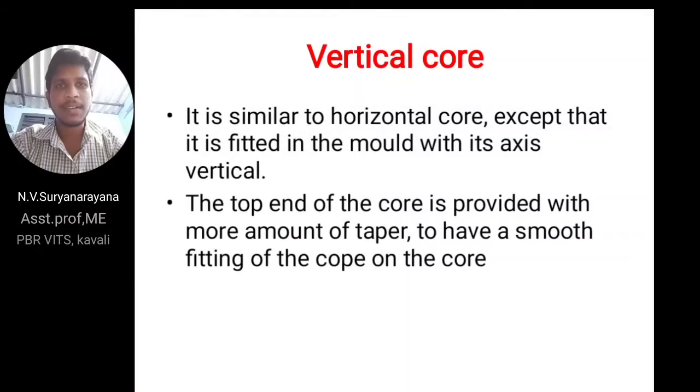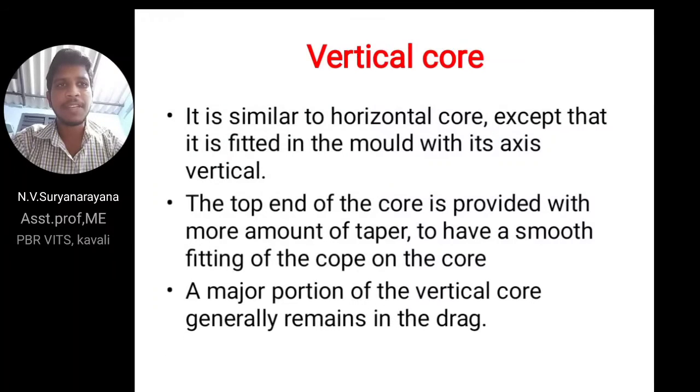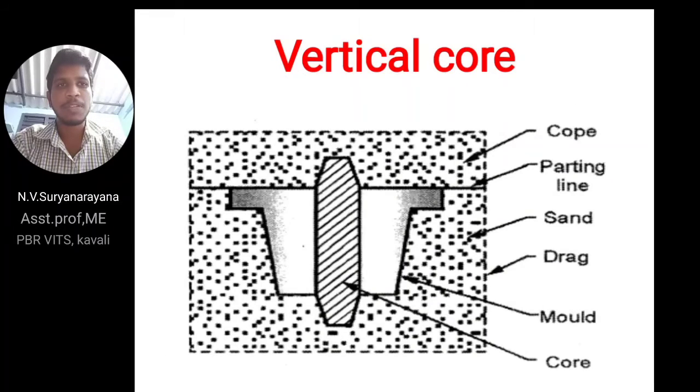The top end of the core is provided with a greater amount of taper. Here I am showing the difference between horizontal and vertical core. In this figure, at the center middle axis, I am showing the vertical core.